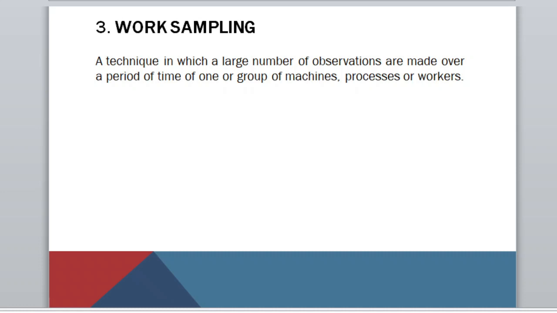In time study, what we measure is only one person, or the motions of the worker, but with different observers. Whereas in work sampling, the advantage is that it is much cheaper compared to time study and production study, because only one analyst can perform work sampling, and the observers do not require much training. So it is more useful in non-repetitive and indirect jobs. So work sampling is for those non-repetitive jobs.